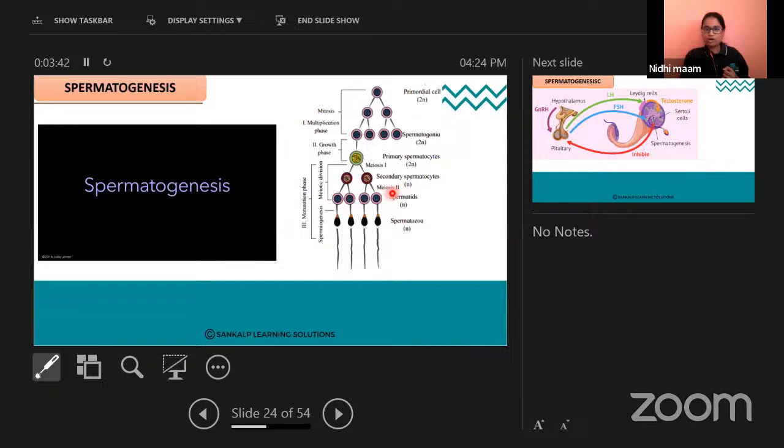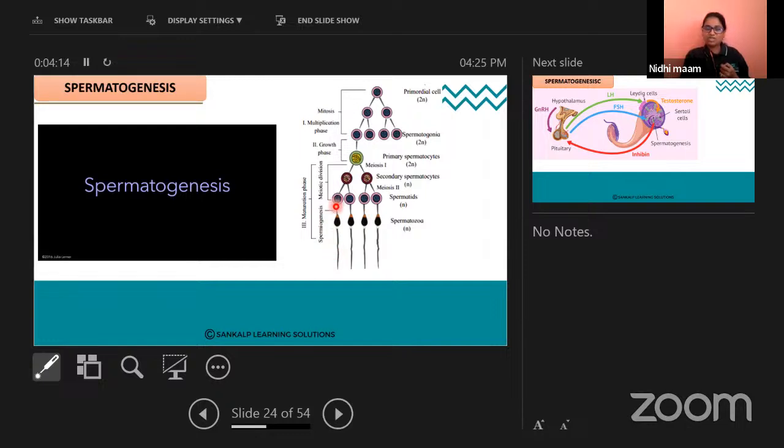After meiosis 2 these cells are regarded as spermatids. These are also haploid in nature. These spermatids will undergo morphological changes, meaning changes in the structure of the spermatid. This structural change is called spermiogenesis.